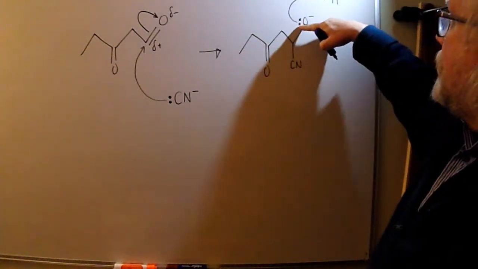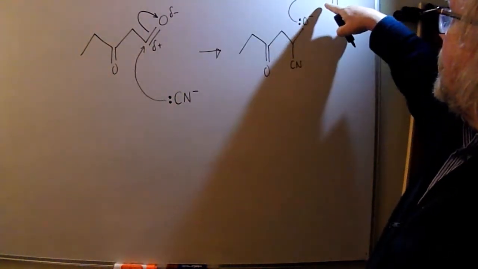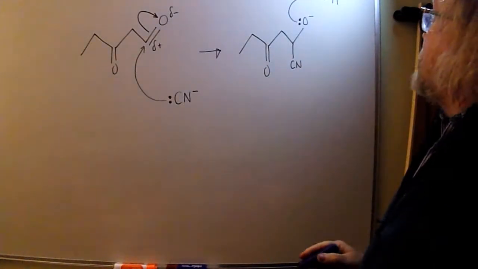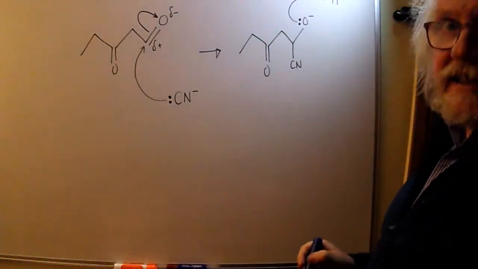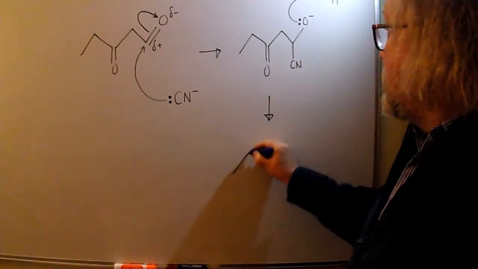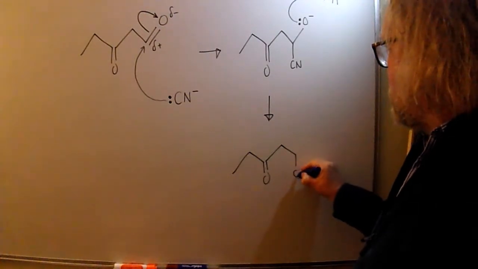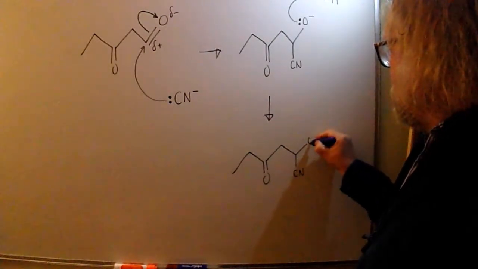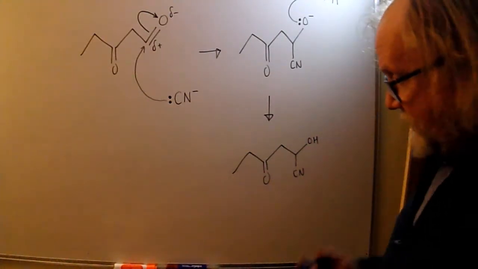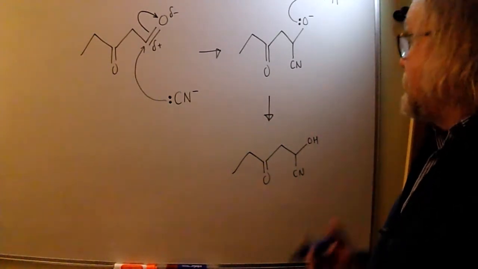Okay, show the curly arrow, meaning that that lone pair of electrons on the O minus is being used to pick up the H plus. In other words, the O minus is acting as a base and picking up a proton, and that completes the reaction to give you the hydroxynitrile. Okay, so it's a relatively simple mechanism, and you've just got to make sure that you've learnt it in advance.